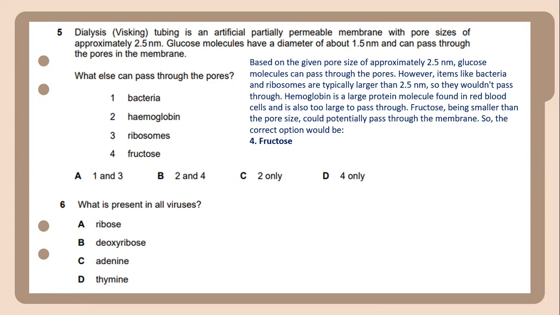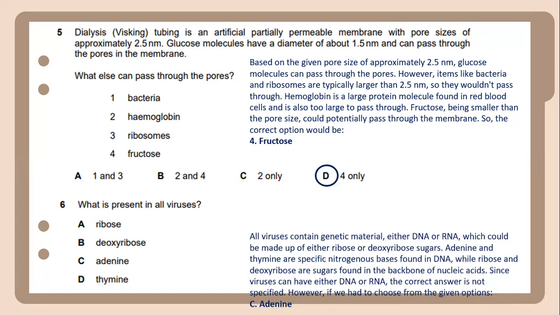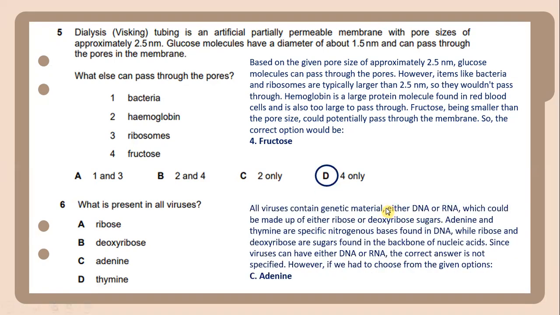The answer is D. What is present in all viruses? All viruses contain genetic material, DNA or RNA, which could be made up of either ribose or deoxyribose sugars. Adenine and thymine are specific nitrogenous bases found in DNA, while ribose and deoxyribose are sugars found in the backbone of nucleic acids.